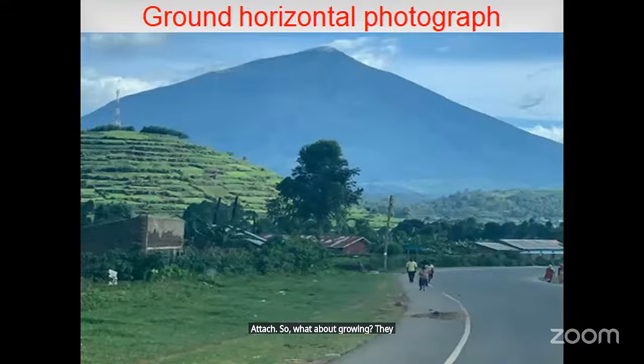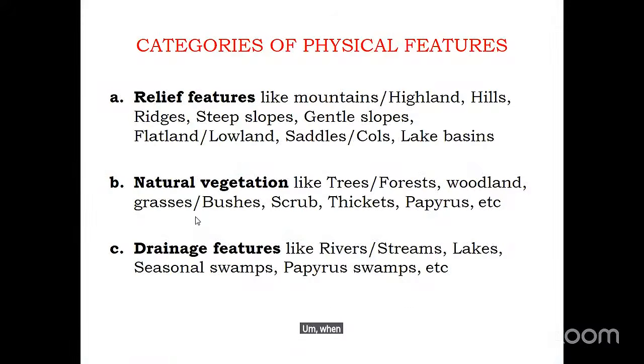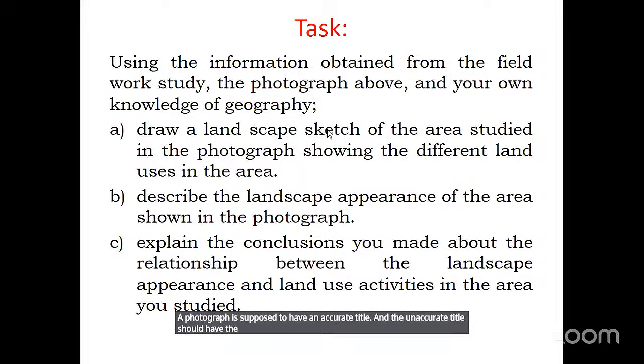So what about drawing? They can also tell you to draw a landscape sketch of the photograph. When you are told to draw a landscape sketch of the photograph, a sketch is supposed to have an accurate title. And an accurate title should have the words, a landscape sketch of the area of the photograph.